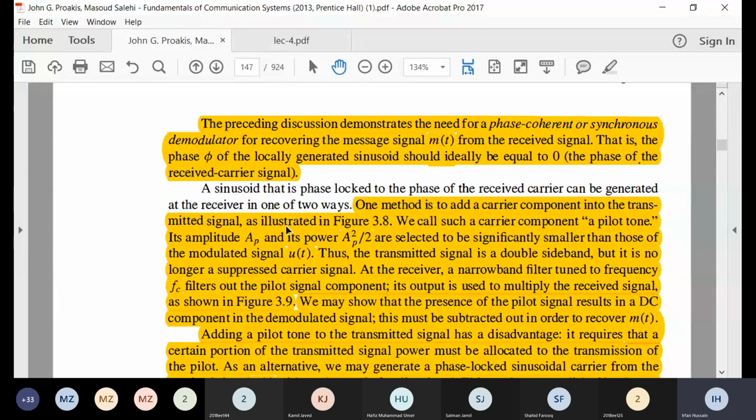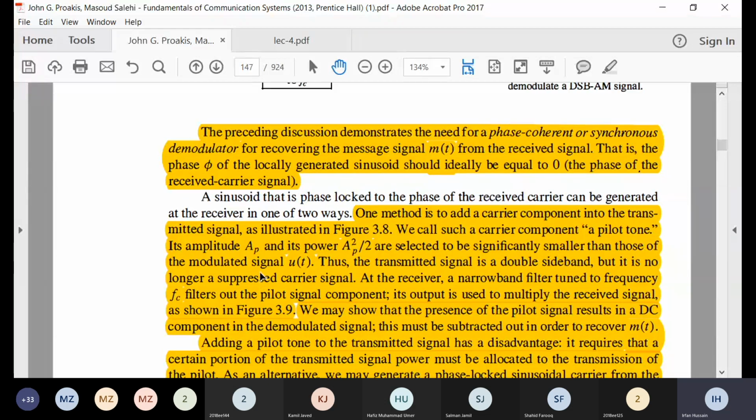Its amplitude is Ap, so power will be Ap squared over 2, because it will be Ap times cosine. And we keep its power significantly smaller than that of the modulated signal. So this is a transmitted signal, double sideband, but is no more suppressed carrier. You also are sending the carrier.